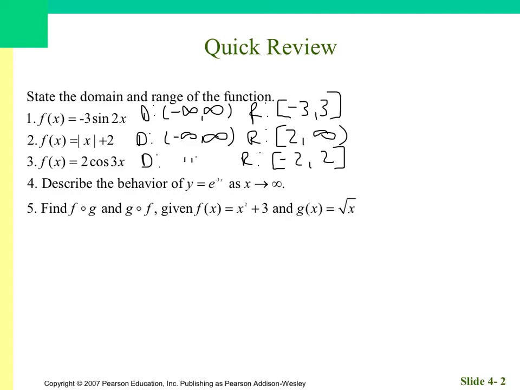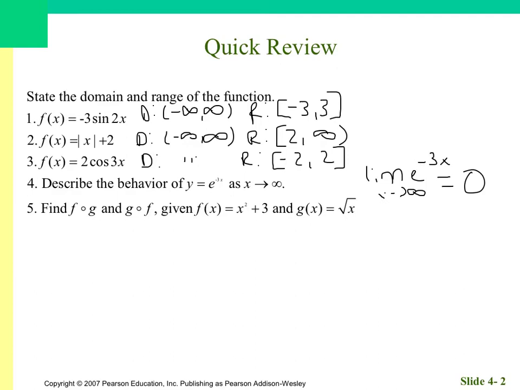Describe the end behavior as x goes to infinity, so the limit of e to the -3x as x goes to infinity is, well, it's negative, so that means exponential decay, so it's approaching 0.